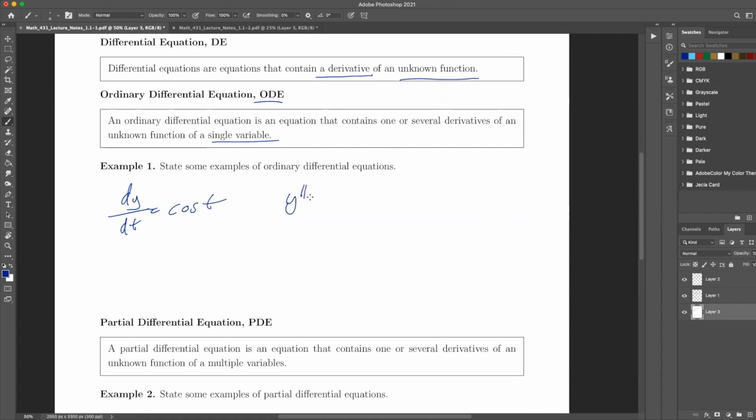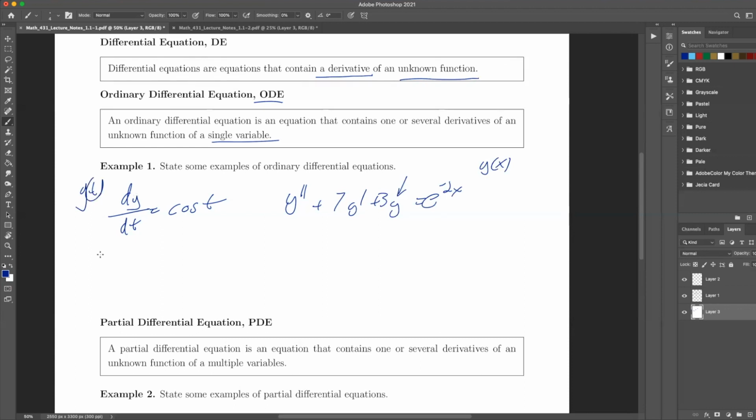I could say the second derivative plus 7 times the first derivative plus the original function is equal to e to the minus 2x. So what's the original function? What is y? This is an ordinary differential equation because y is only a function of x. In the other case, y is only a function of t.